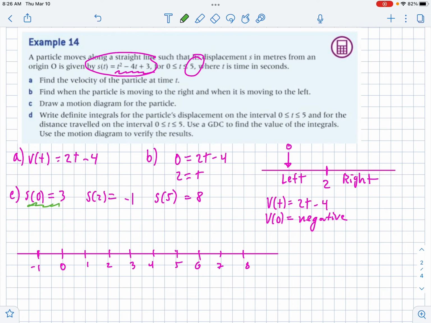So at time 0, it starts at 3. So we'll put a big dot here on 3. And this is t equal to 0. Then it moves to the left. I know that because of this sign chart that I did. And it goes all the way to -1 and then turns around at time 2.